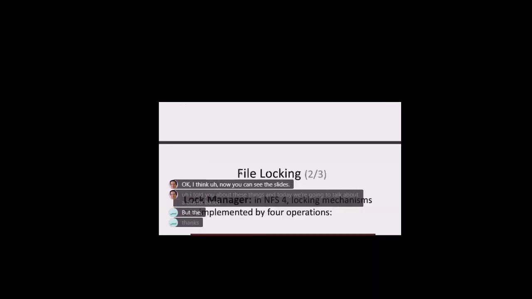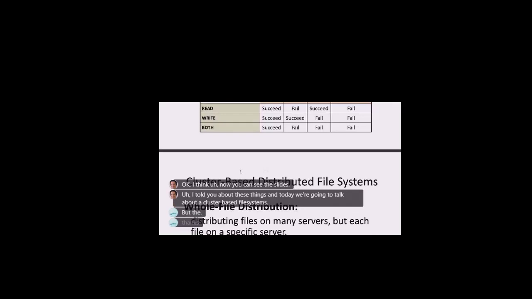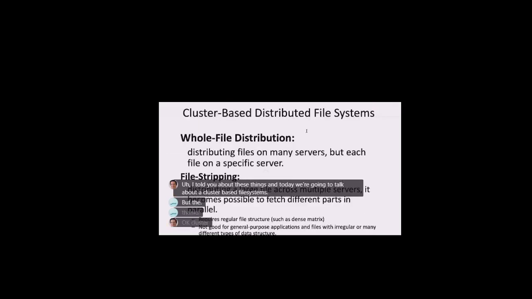Okay, I think now you can see the slides. I told you about these things, and today we are going to talk about cluster-based file systems.